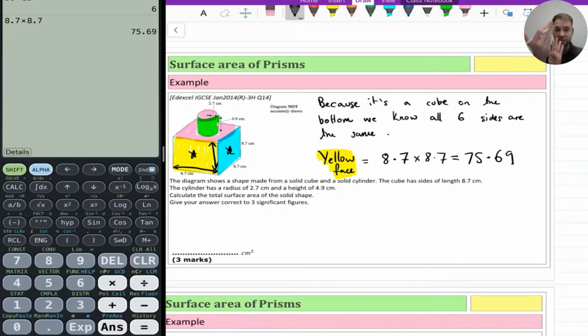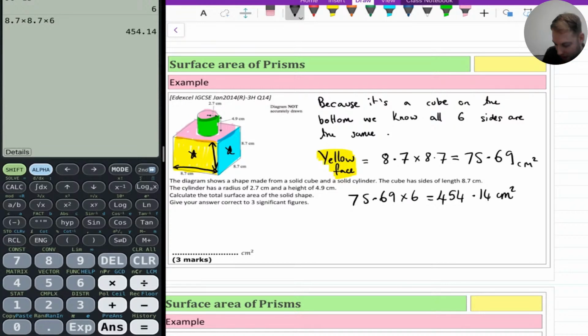Now, I've got 6 of these sides here, so I need to times that by 6, which is equal to 454.14. Now, remember the units on this are centimetres.